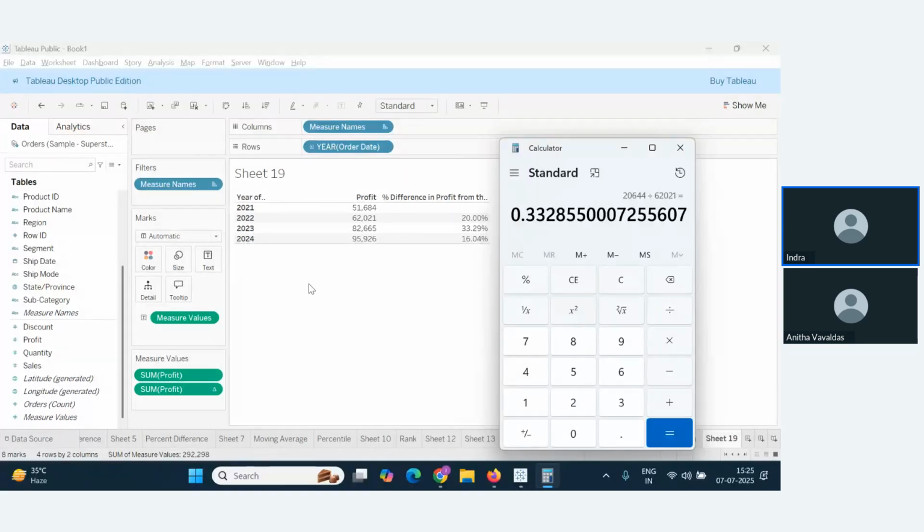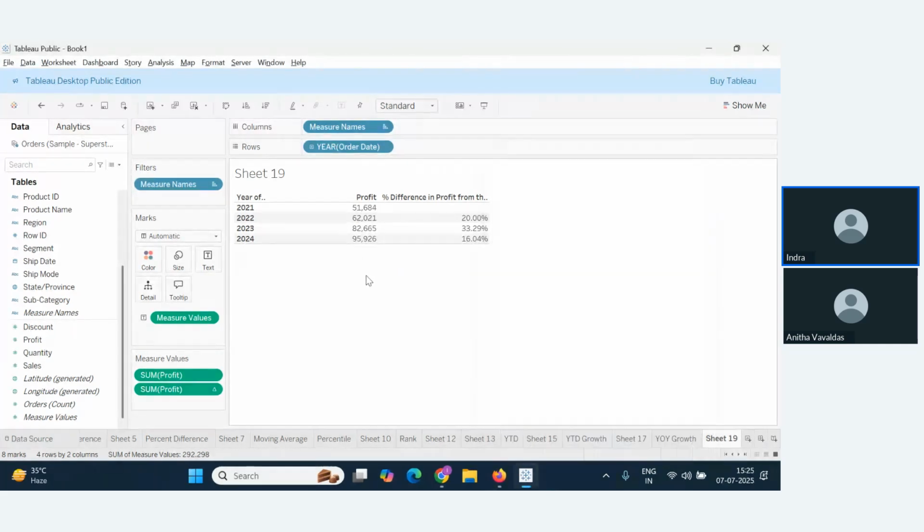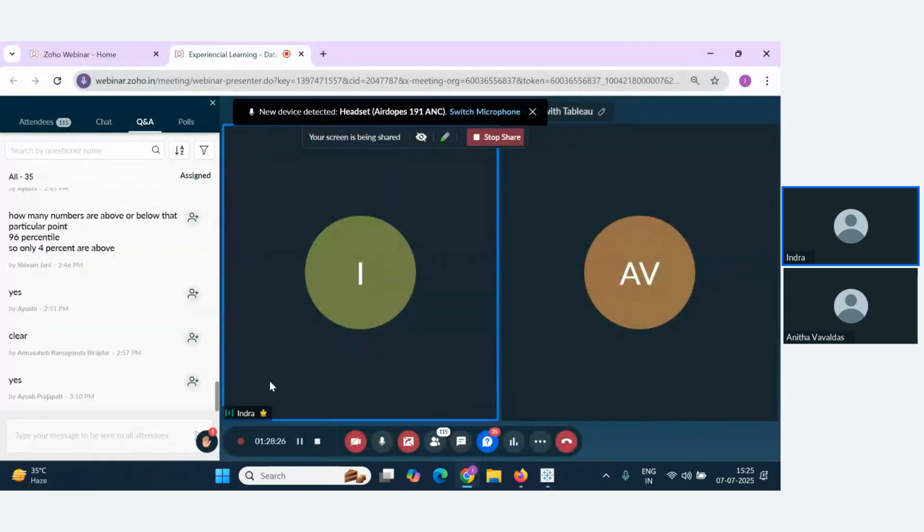Okay, we are getting it. Subtracting these two values and dividing whatever result we get by the previous value, you get the percentage. This is the year-over-year growth. Clear? Am I clear with the year-over-year growth? Yes or no? Please tell me.